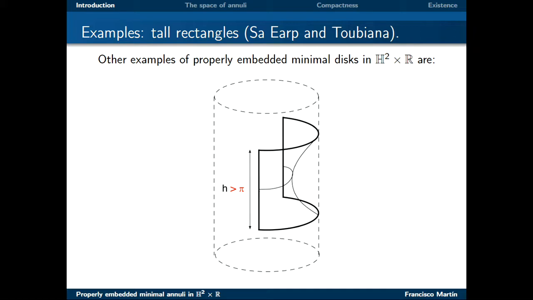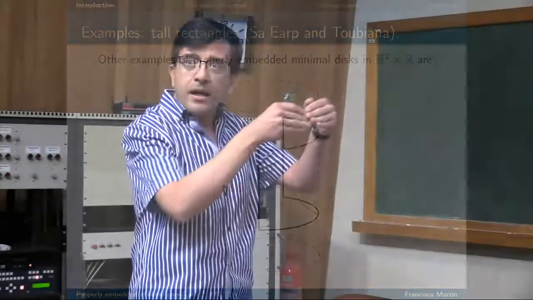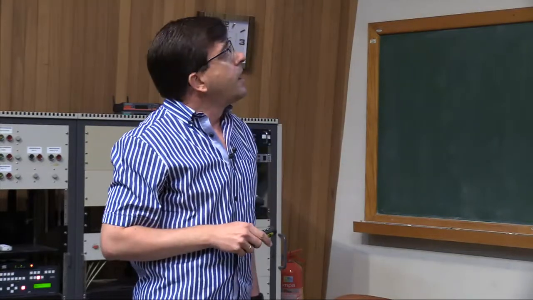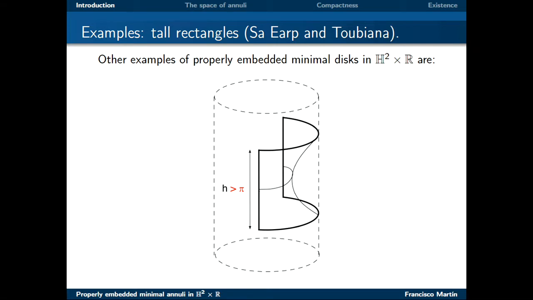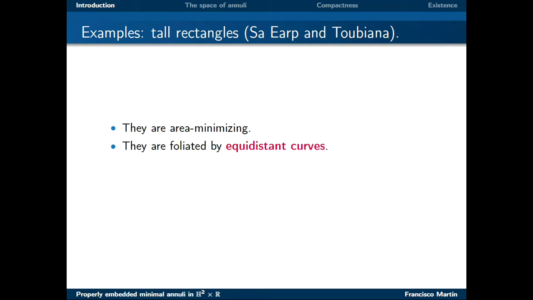And so they prove in a very nice paper that if you consider two parallel pieces of arcs of circumferences, joined by vertical segments in such a way that the height is greater than pi, then it's possible to find an area minimizing properly embedded disk, like the one in the picture, which has this property.